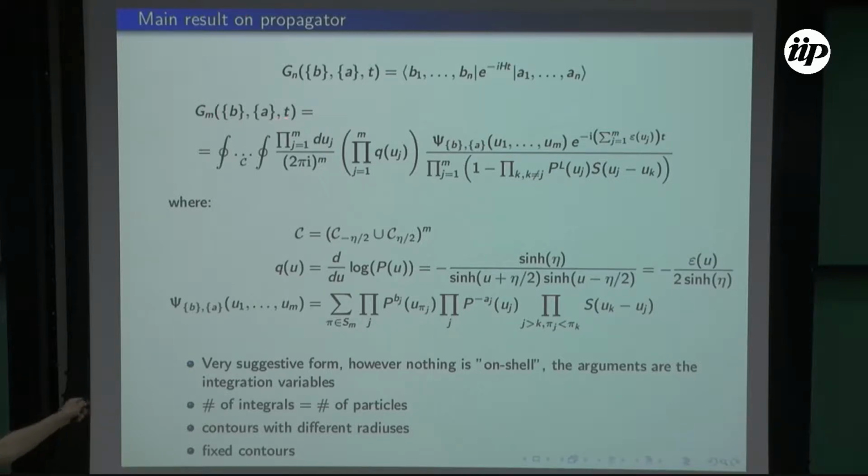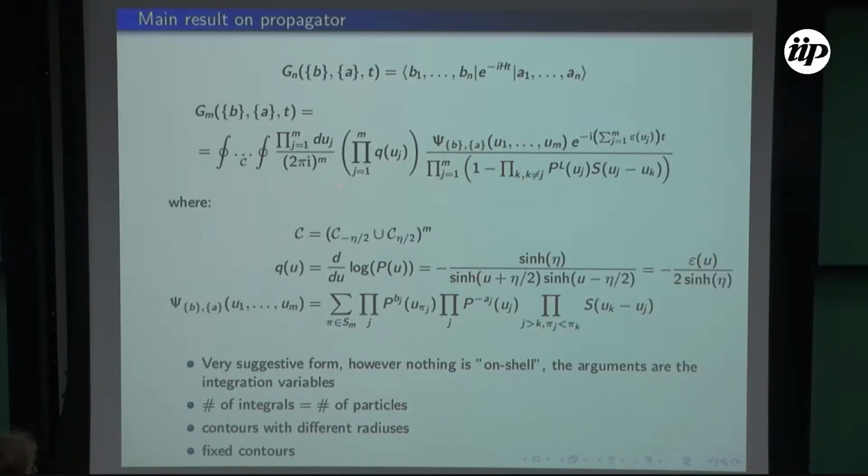So this Green's function, where you evolve your particles, which are like spin-ups, from these coordinates a1, ..., aN to b1, ..., bN, is described by the following integral, where, if m is your number of particles, then you have m contour integrals, and I'm going to tell you what this contour is in a moment.